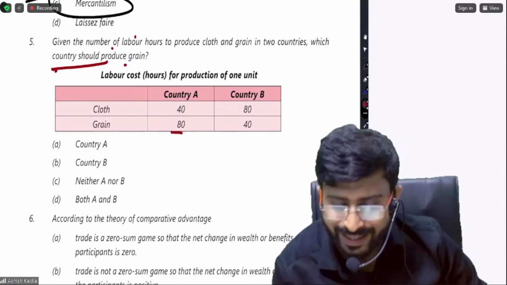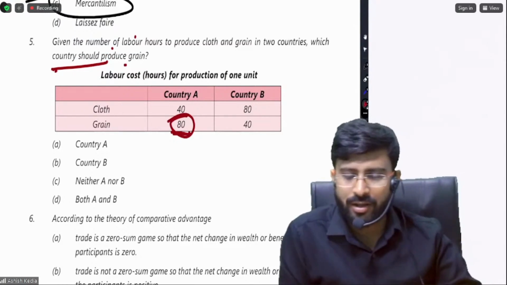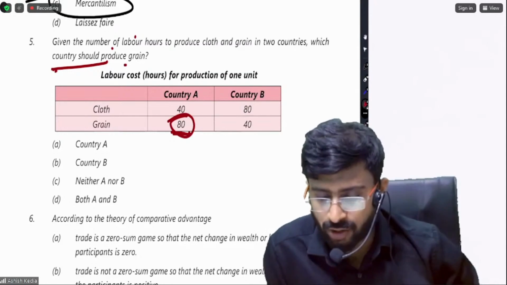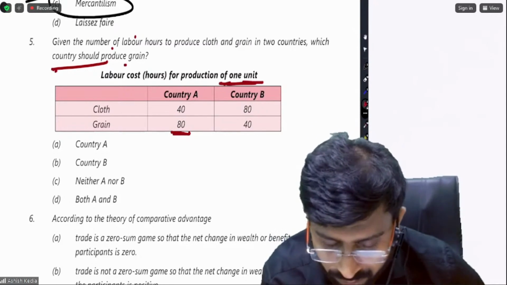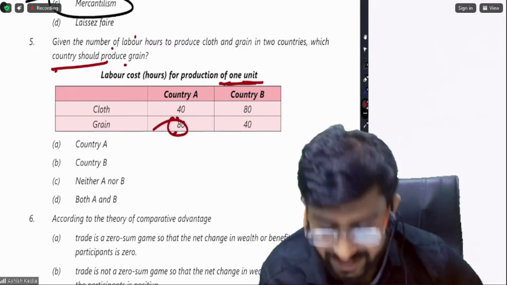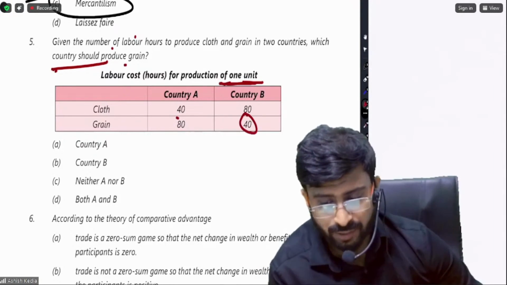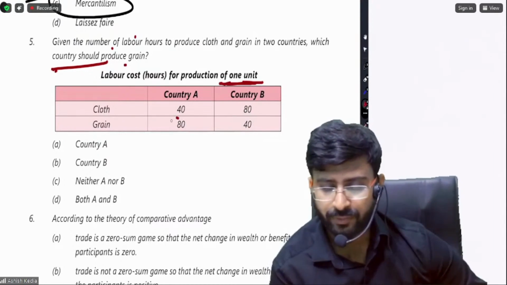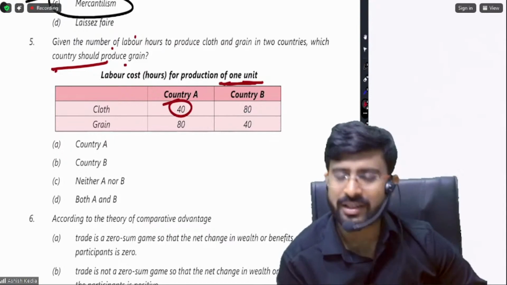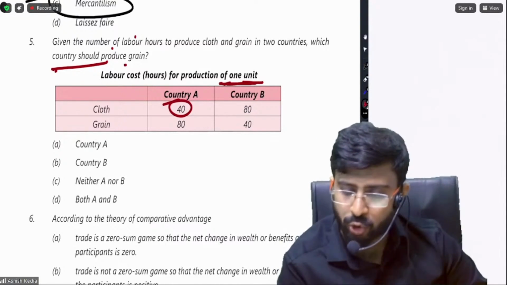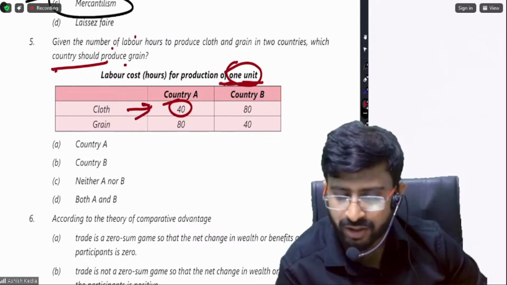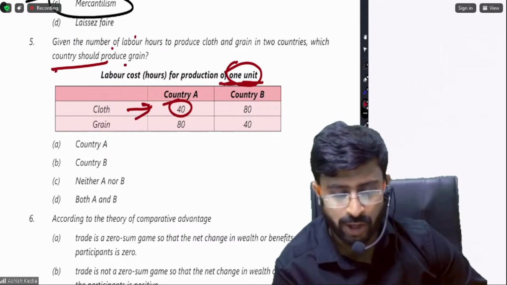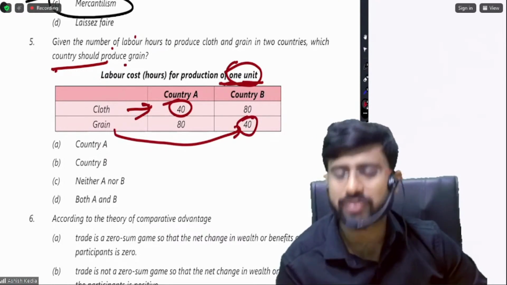Country A has 80 labor hours for production of 1 unit. So for 1 unit of grain, this country takes 80 hours, while country B takes 40 hours. Here, country A has absolute advantage in cloth, because to make 1 unit of cloth, country A takes 40 hours, while to make 1 unit of grain, country B takes 40 hours.